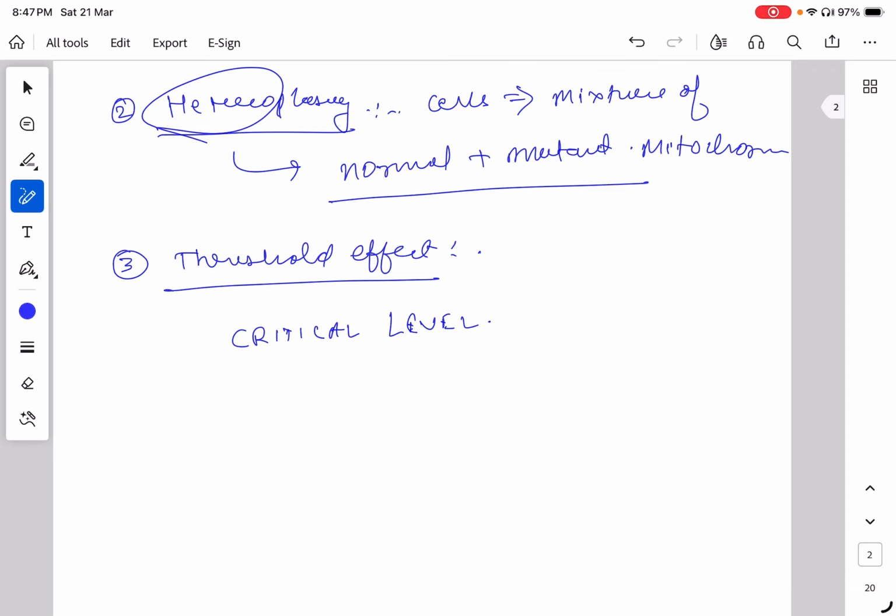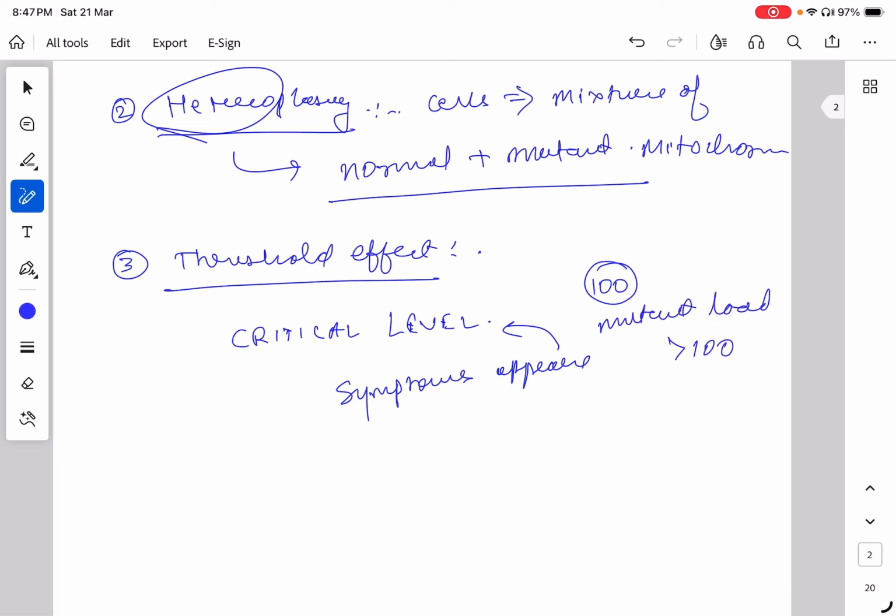Similarly here, symptoms appear at some critical level. For example, if 100 is the critical level for a particular disease, and the mutant load is more than 100, then the disease appears. If it is less than 100, then the disease doesn't appear in that case.